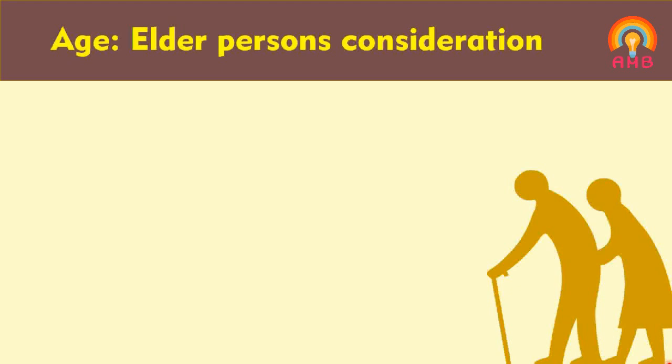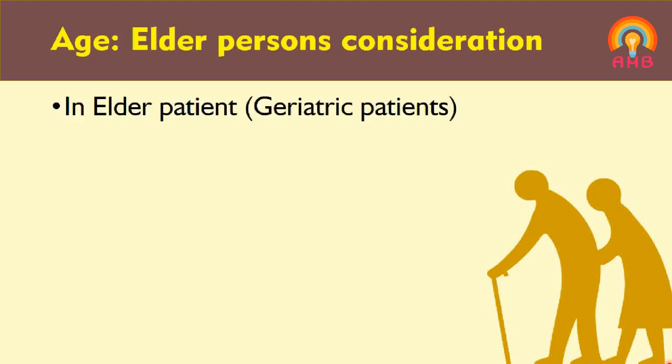Why is this emphasis required? As age grows, some physiological changes take place in human beings, which may affect the action of drugs. Because of these effects, we have to give emphasis on the dose of drug in elderly patients.